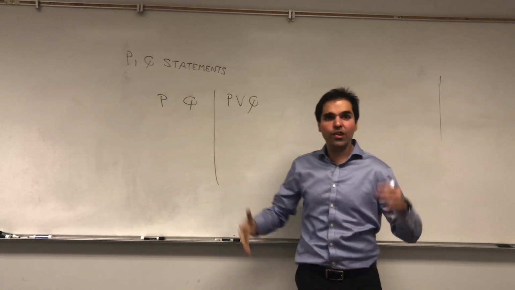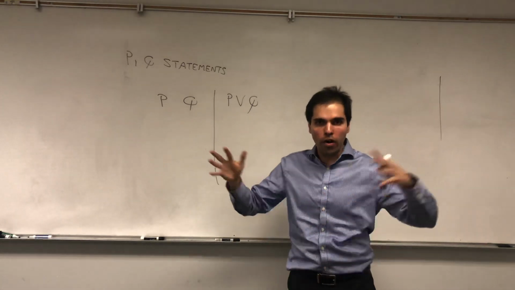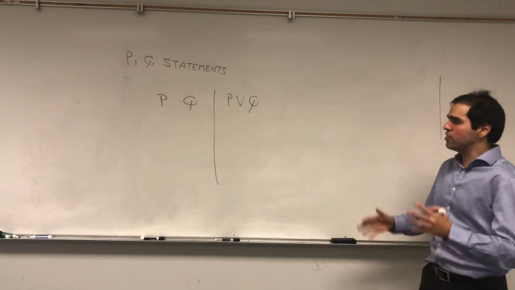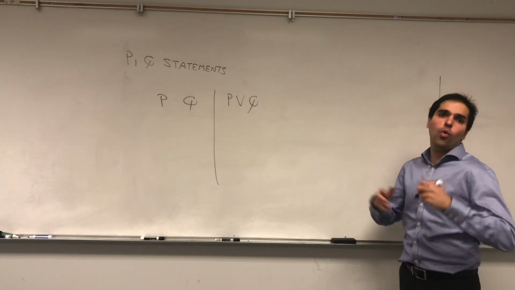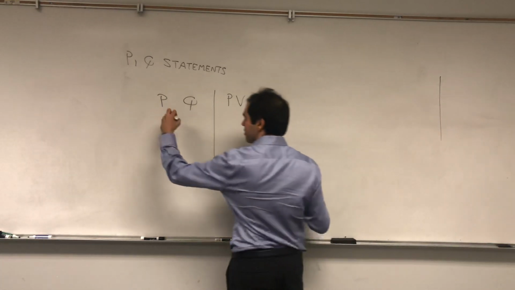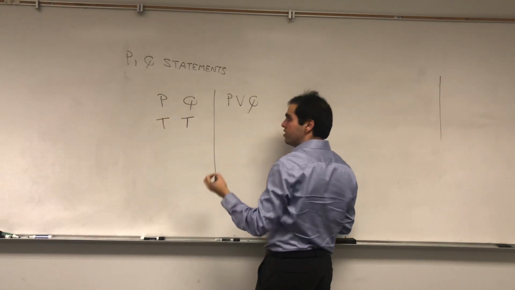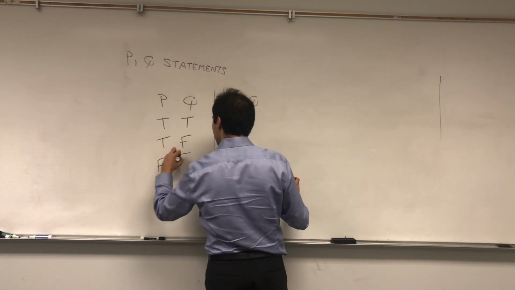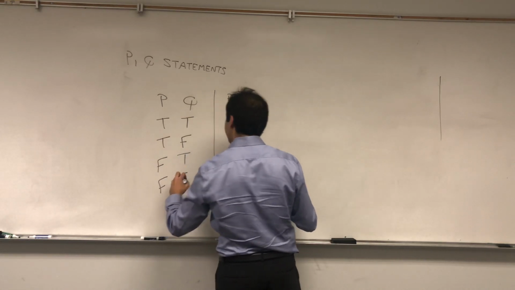An or here is an inclusive or. We accept both to be true. So if P is true and Q is true, then the or statement is true as well, which again gives us a hint at the truth table: true, true, true, false, false, true, false, false.